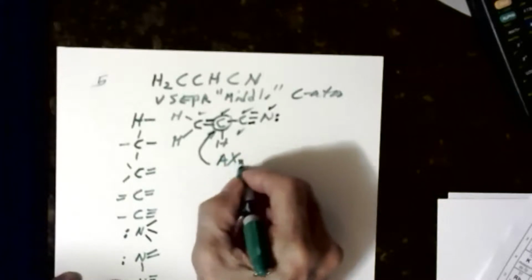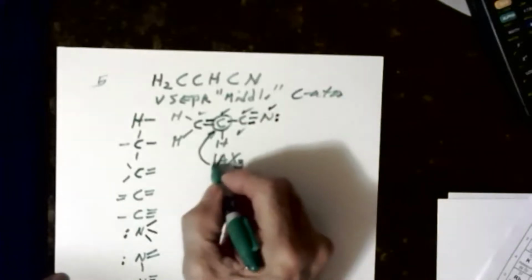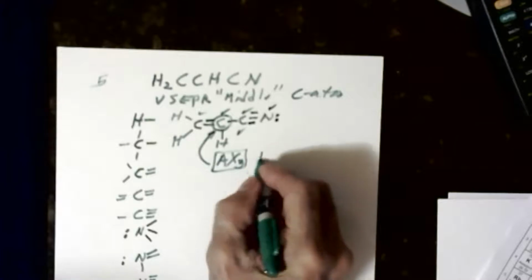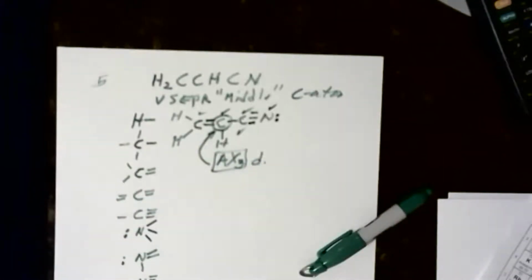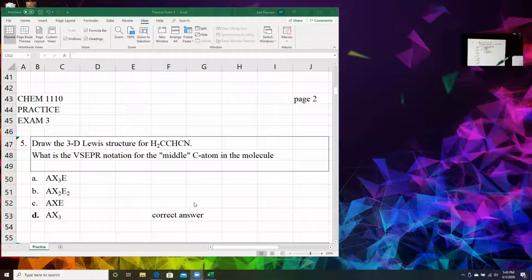So it's AX3, and it has no lone pairs attached to it. So that's going to be the answer, AX3, and that's D on our exam question. So if you take a look, it is in fact D.